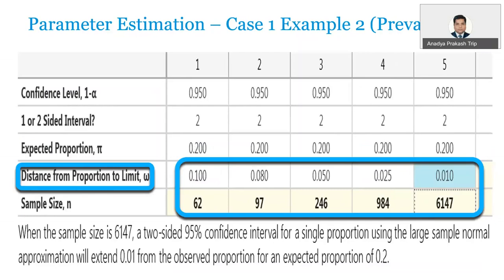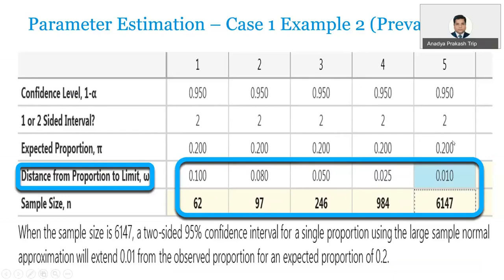So if I want to know the prevalence of obesity in some university, for sample size calculation purposes, I must have some prior knowledge about the prevalence. So let's say the expected prevalence is 20%. So 0.2 is the 20%.